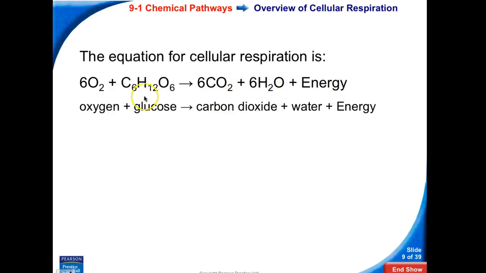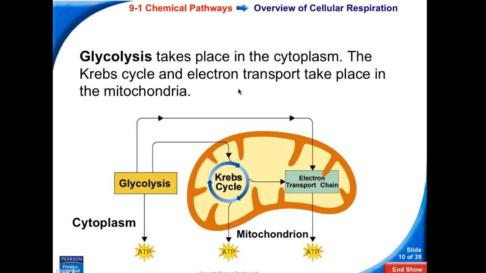This equation, if you recognize it, is the reverse of photosynthesis. So the first step in this process is called glycolysis. Glycolysis takes place in the cytoplasm of the cell. The Krebs cycle and the electron transport chain take place in the mitochondria.